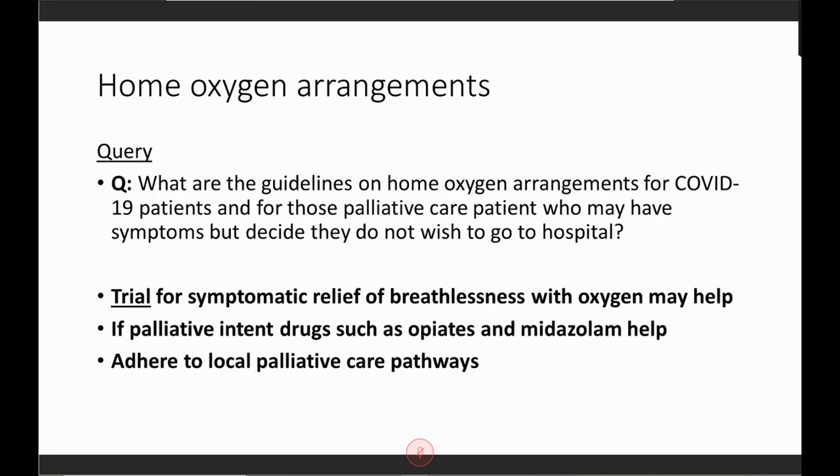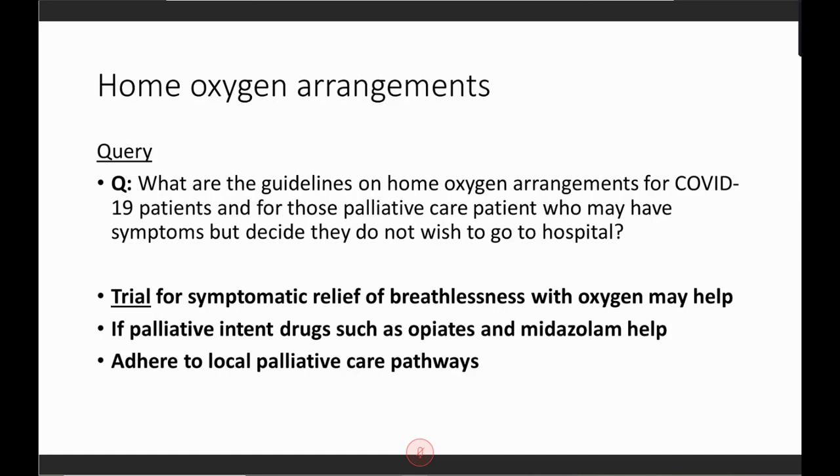Our experience is if someone is dying from COVID or dying from something else, the drugs such as opiates and midazolam often help more. This has definitely been the case with the frail elderly that get COVID. Oxygen in care homes has been more of a hindrance. They get very agitated in care homes.